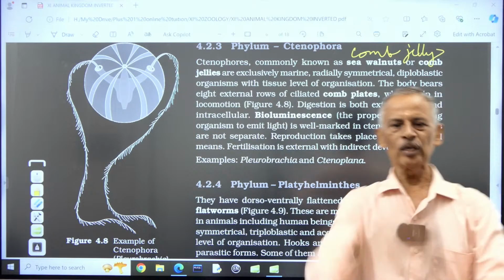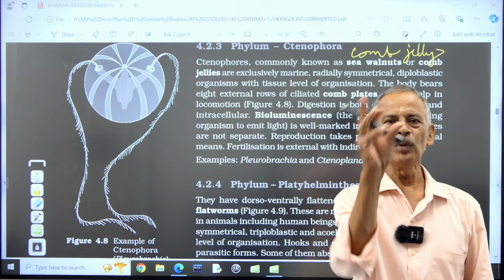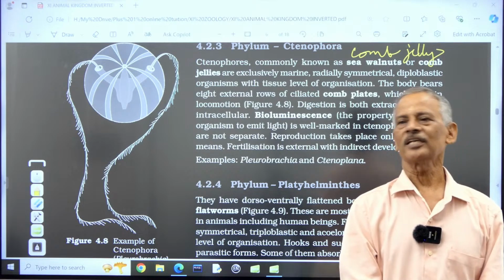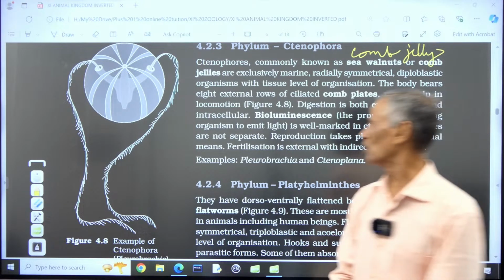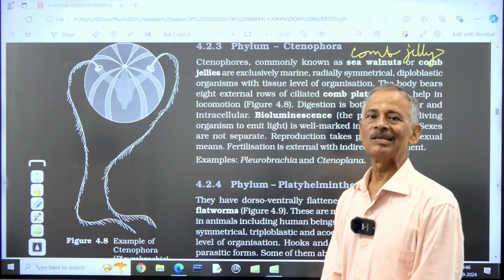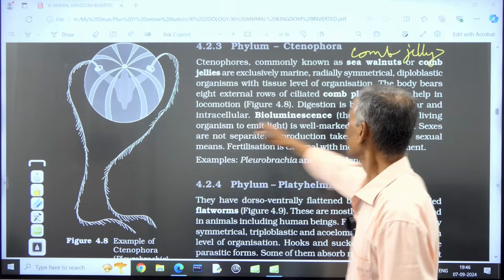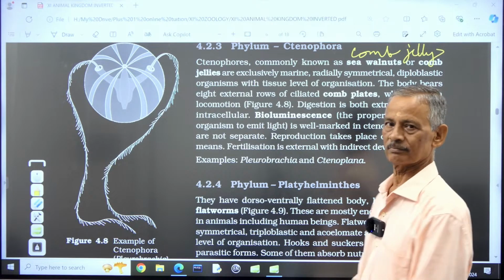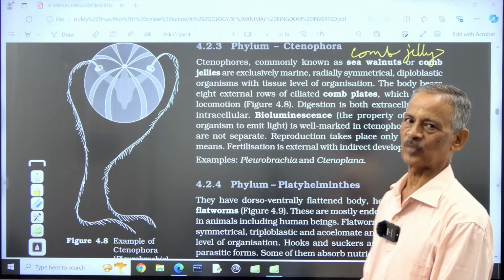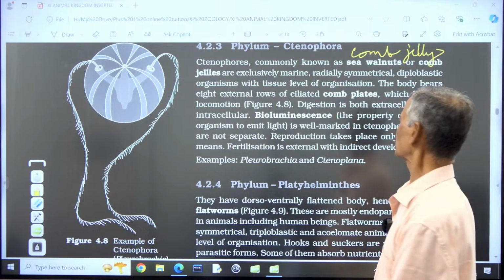Since they are all continuously moving and have a globular or umbrella-like shape, they are given certain nicknames. I will tell you about that. Digestion, just like in a ciliate, is both intracellular and extracellular. So it is a bit more developed than in sponges.